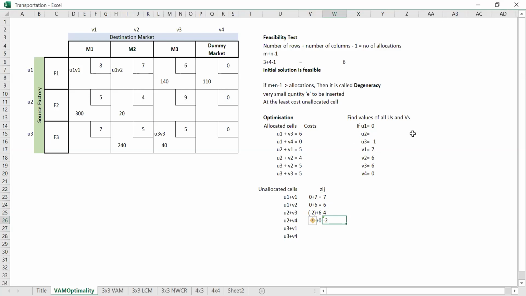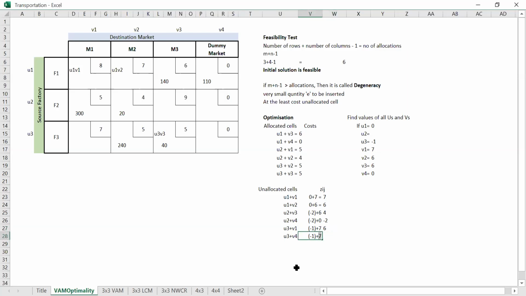I tried to avoid the formula error, but it still shows an error. In a while, I'll tell you what this Zij is. And then U3 is again minus 1, and V1 is 7, so the value is 6.